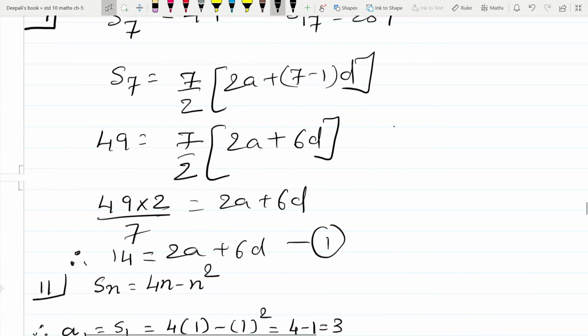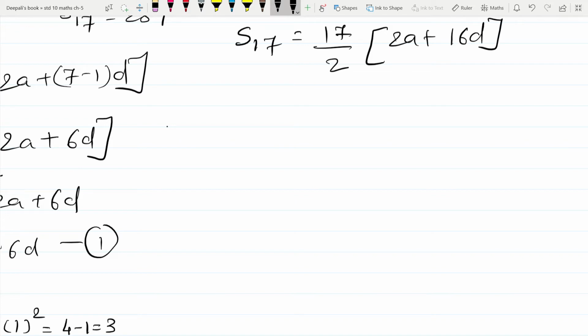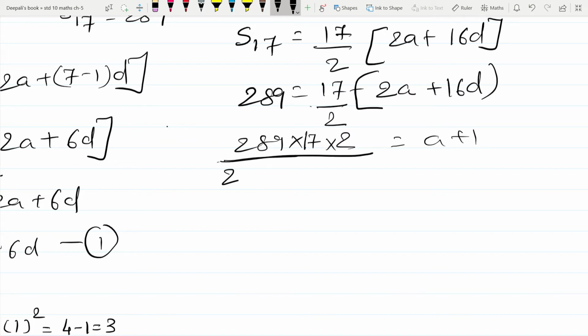Second equation, S17 is equal to 17 upon 2 times (2a plus 16d). So I get 289 is equal to 17 upon 2 times (2a plus 16d).